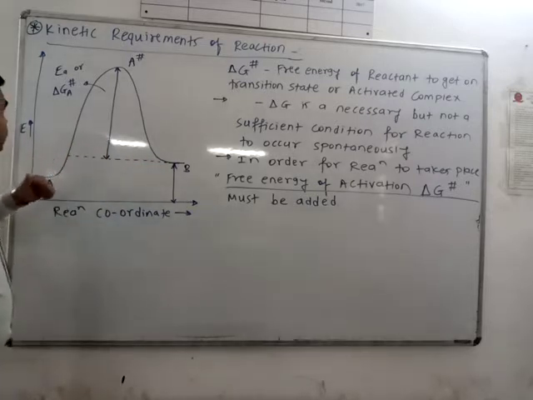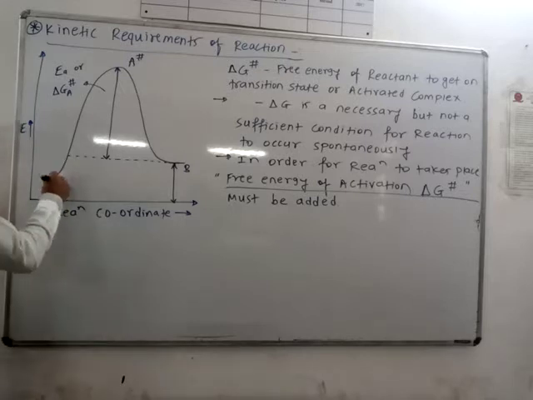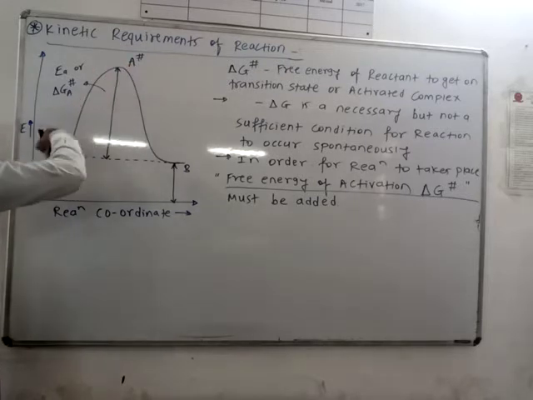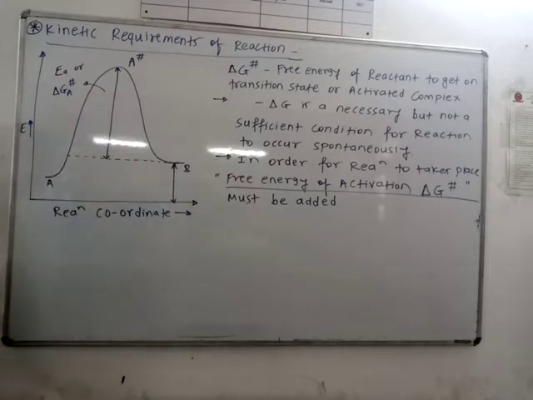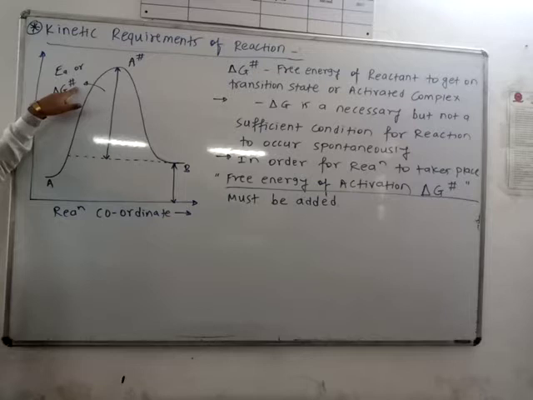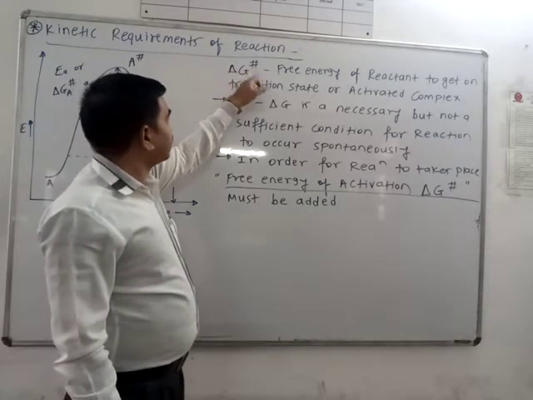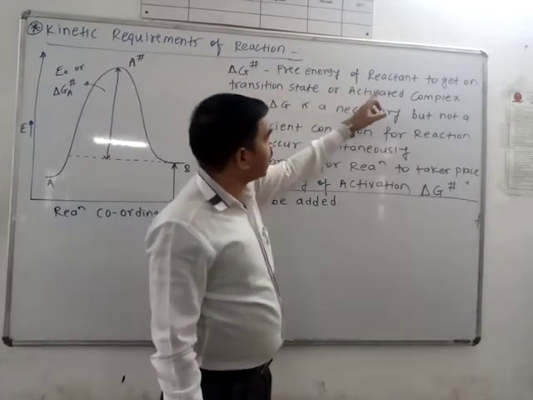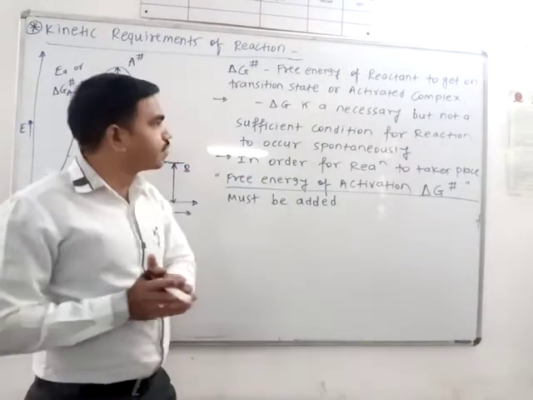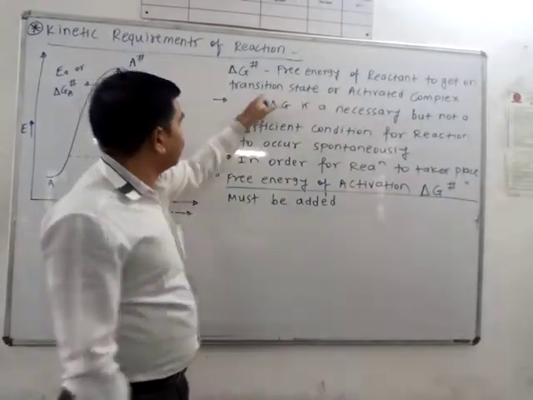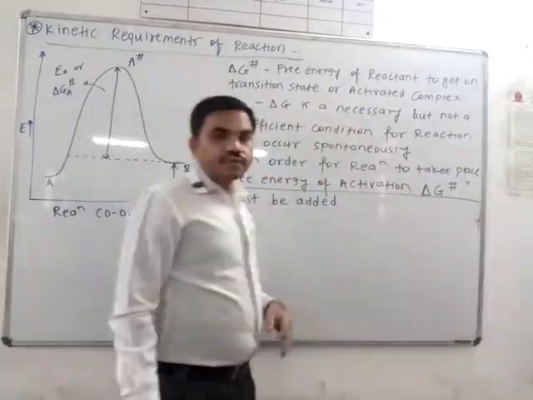The energy change between the reactant and this activated complex is known as EA, the energy of activation, also indicated by delta G A double dagger. So this is EA or delta G A double dagger. Delta G double dagger means the free energy of a reactant to get to the transition state or activated complex.